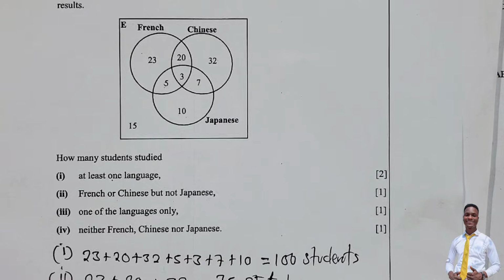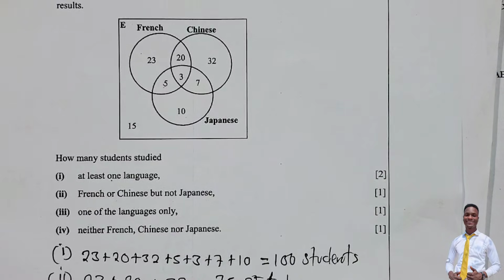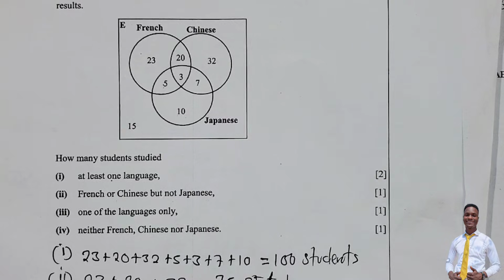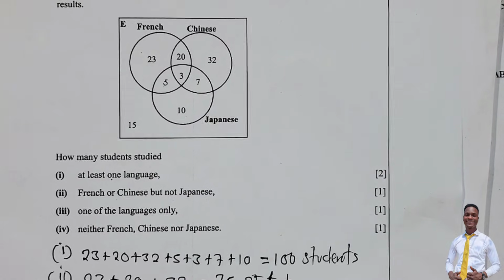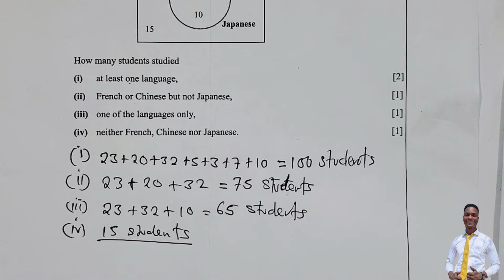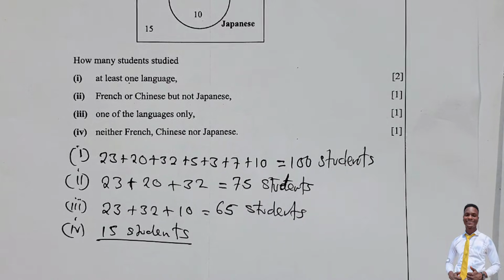So it's 15 students. That's all. It is as simple as this. 15 students. Simple.